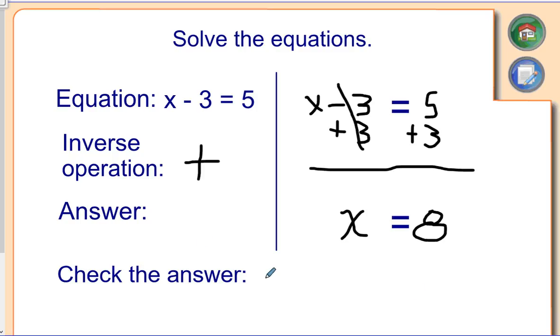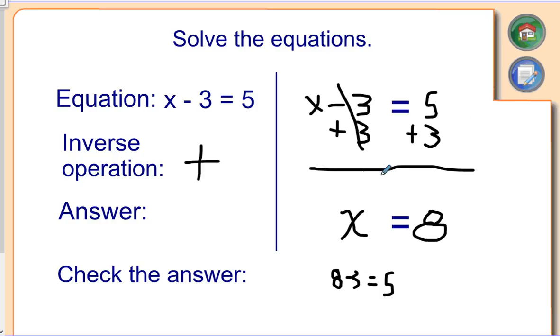If we want to check our answer, we're just going to plug 8 back into the original equation. So then I would have 8 minus 3, and that does in fact equal 5. Now I realize that you could probably have figured out in your head that something minus 3 equals 5 has to be 8. However, this is the part where I know it seems kind of ridiculous right now.